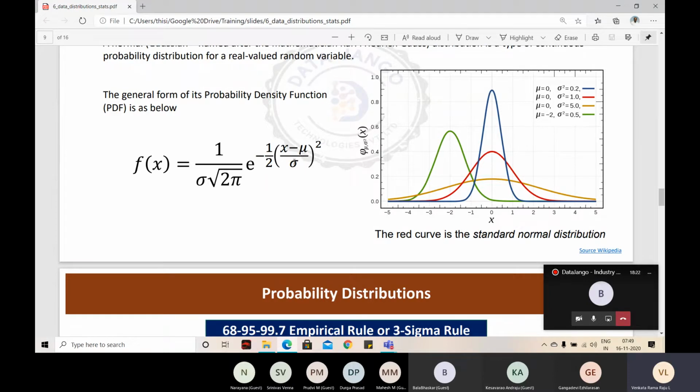Are you getting it? x is far from mu. What happens? What is the probability? What is the density of that? In a normally distributed data set, if x is far from mu, what happens to this formula? What is the value of this formula? Can you calculate?